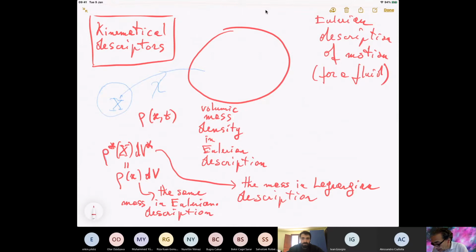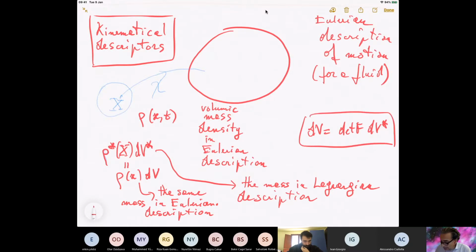Now, as we know that dV is determinant of F times dV star, we have a relationship between rho star and rho.